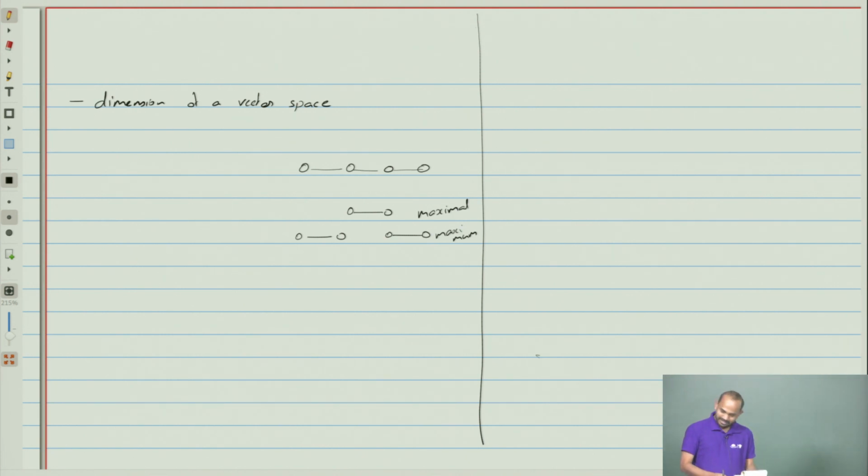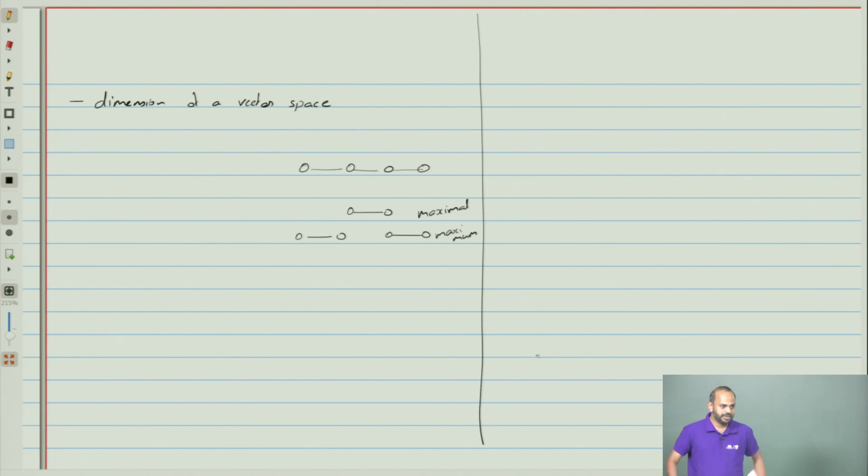The interesting thing about vector spaces is that you can take any two basis sets, and the size of the basis sets has to be the same. It is a good exercise to solve. Prove that suppose you have a basis B consisting of vectors b1 to bn, and another basis B prime, which is b1 prime to bm prime.